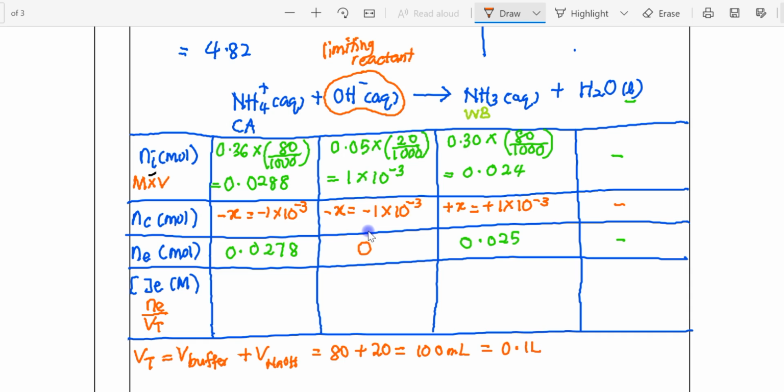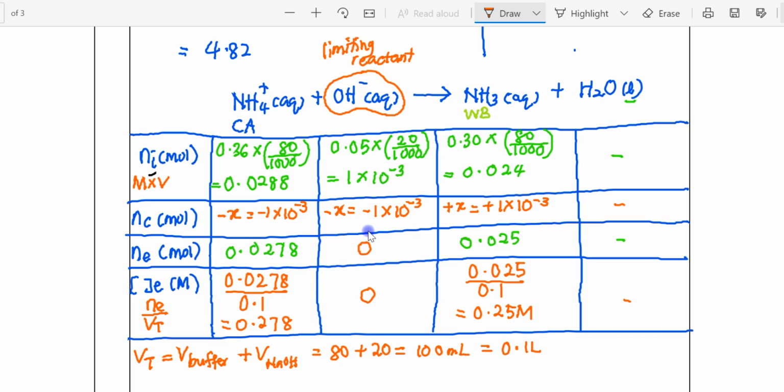The concentration at equilibrium for NH4 plus is 0.0278 over 0.1, so we get 0.278 molar. As for the hydroxide ion, it is 0 because it is completely consumed. The concentration for the weak base at equilibrium is 0.025 divided by 0.1, which gives 0.25 molar.